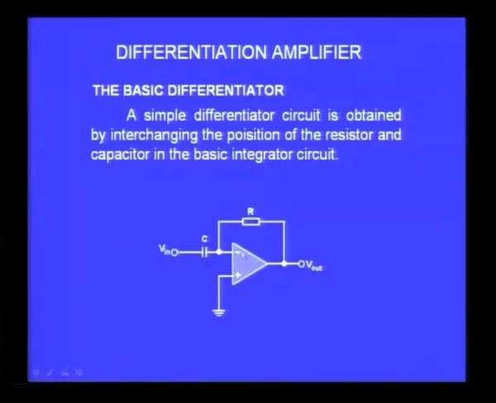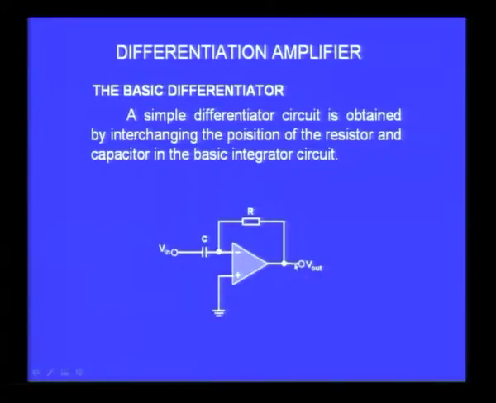In this circuit, the non-inverting input is actually connected to ground, and therefore the minus side, this point, becomes a virtual earth. Whatever voltage I apply is actually between this point and this point, and that means it is only across the capacitor.